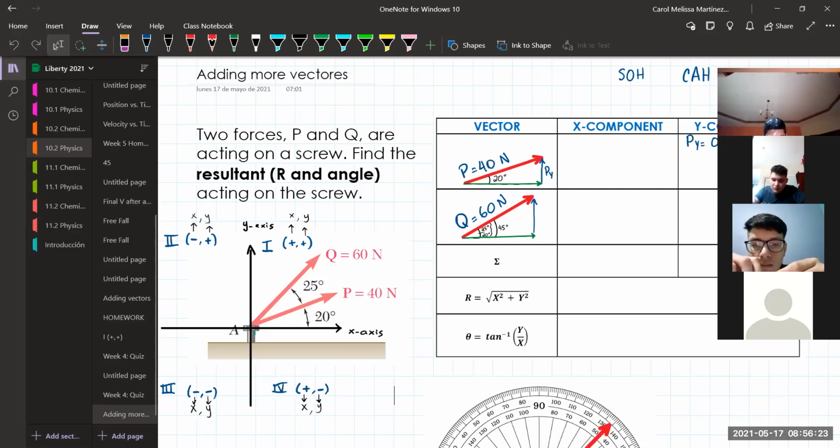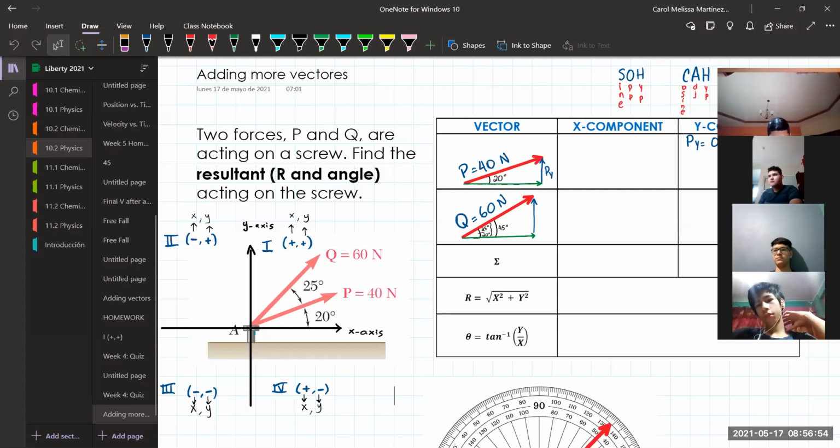Okay, let me see. So you're saying that cosine is equal to adjacent over the hypotenuse. In cosine, I don't see any opposite side. But in sine, I have the definition that sine is equal to opposite over hypotenuse. Opposite is only used in the trigonometric function sine.